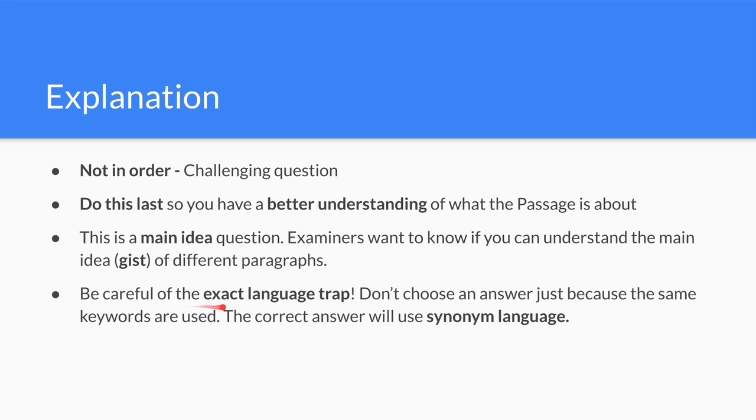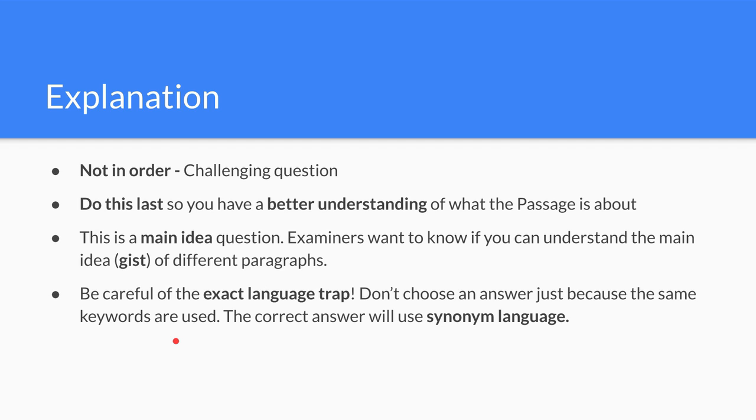Next, be careful of the exact language trap. This is quite common. You will see this in different types of reading questions. And this is a trap that appears in the listening module as well. So be careful of this. Don't just pick an answer because the exact same keywords are used.